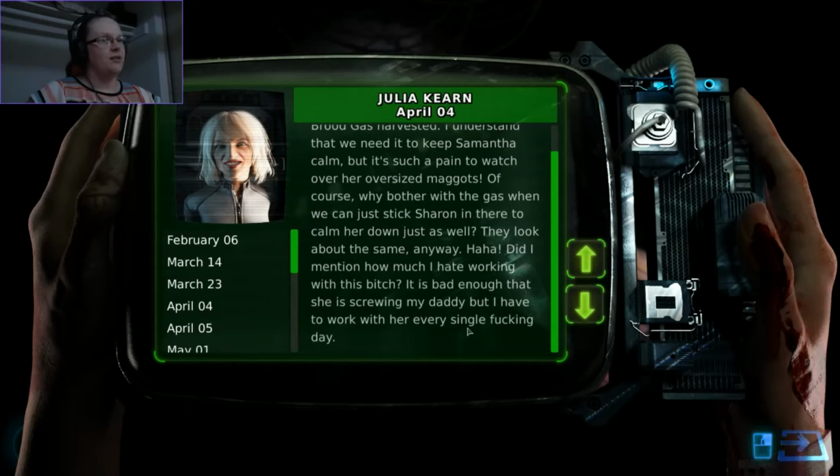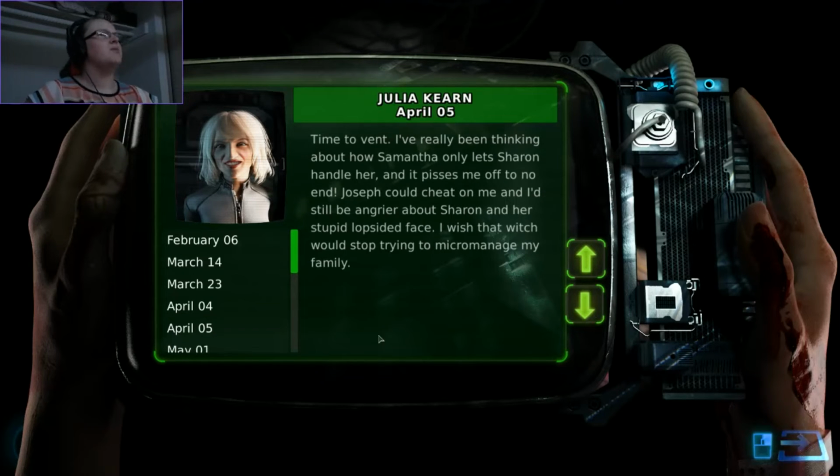Is it bad enough that she's screwing my daddy, but I have to work with her every single fucking day? Time to vent. I've really been thinking about how Samantha only lets Sharon handle her, and it pisses me off to no end. Joseph could cheat on me, and I'd still be angrier about Sharon and her stupid, lopsided face. I wish that witch would stop trying to micromanage my family.